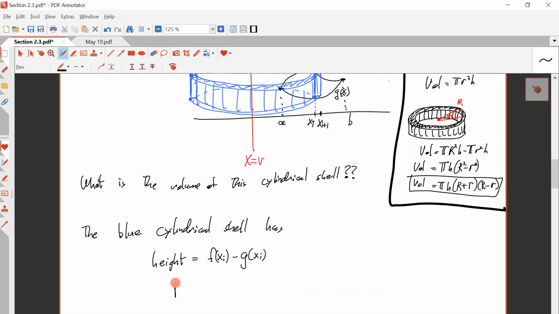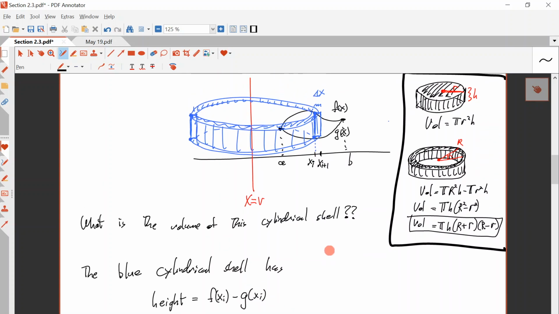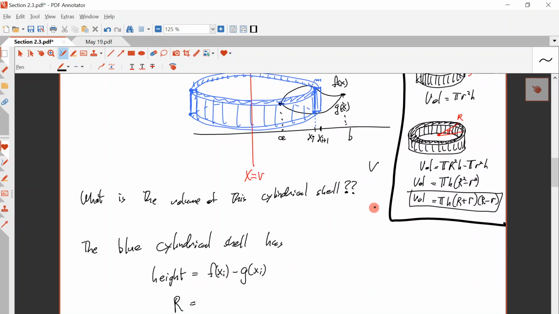The large radius, well, it's the distance from x_{i+1} to the vertical axis. So that's x_{i+1} minus v. If the v is over here, then it's v minus x_i, but we'll talk about that later. Just assume that the vertical axis is to the left for now.